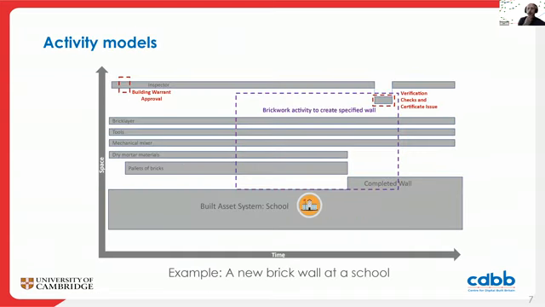So I thought, well, what about trying to develop an activity model? I don't really like some very simplistic examples and assume that they can translate easily to the more business applications. And for the document that I'm sharing today, I thought I would pick something that we can all relate to, but it's relevant to the building information modeling community, relevant to the built asset sector, and relevant to better decisions.